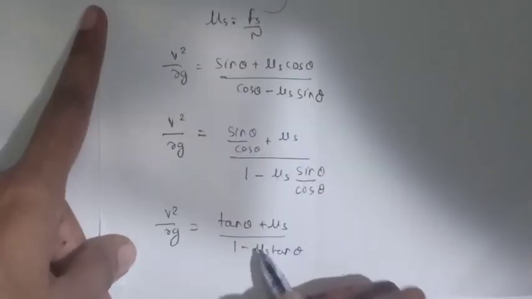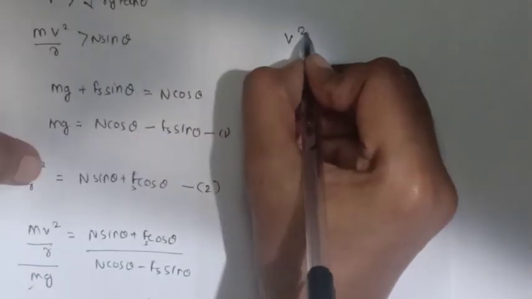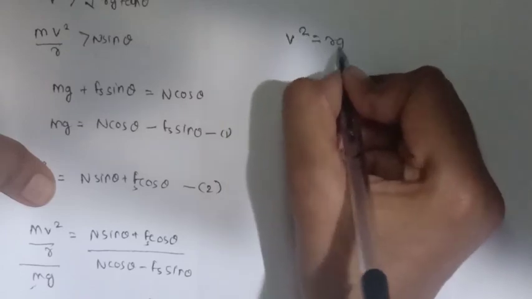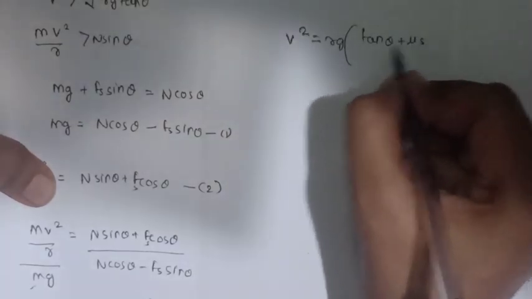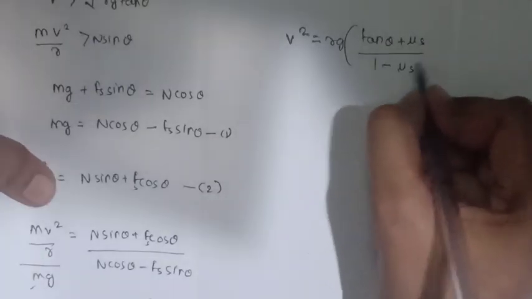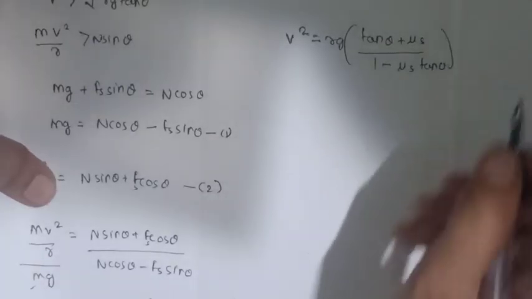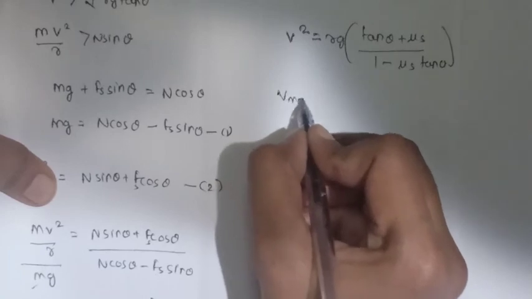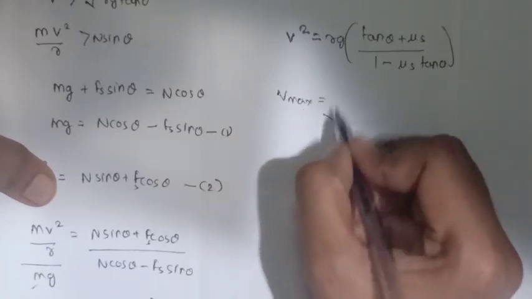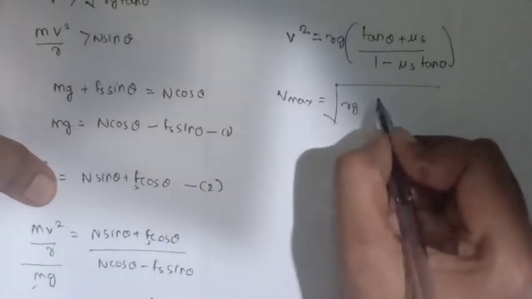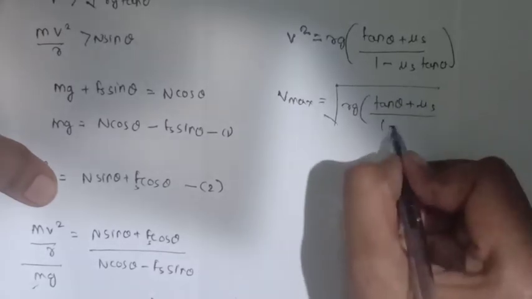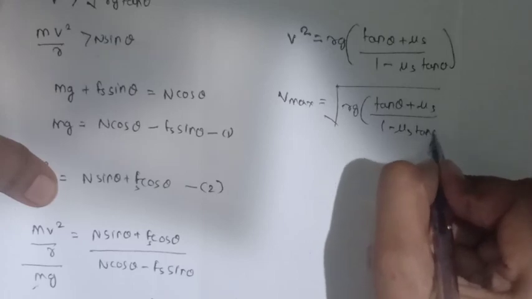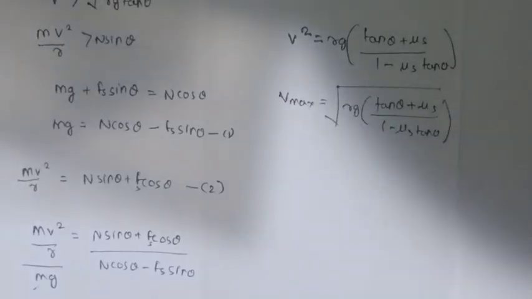So from this equation you will get v square equals rg times tan theta plus mu s over 1 minus mu s tan theta. So maximum speed will be given by the square root of rg (tan theta plus mu s) divided by (1 minus mu s tan theta). Okay.